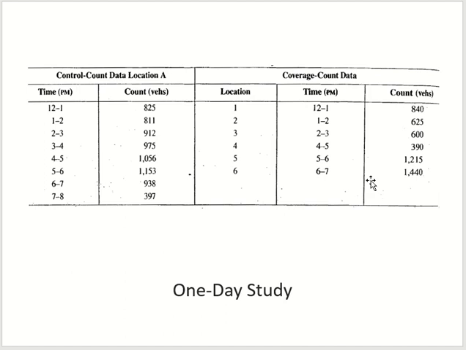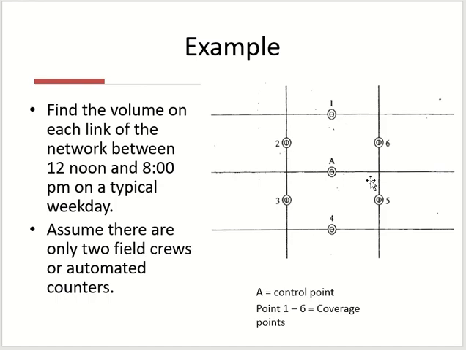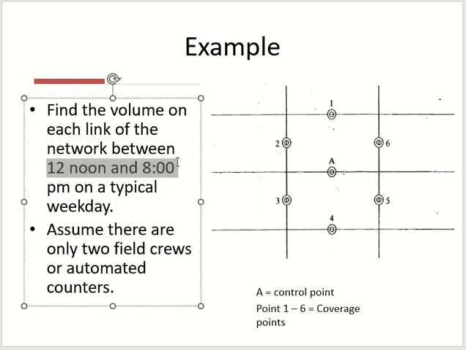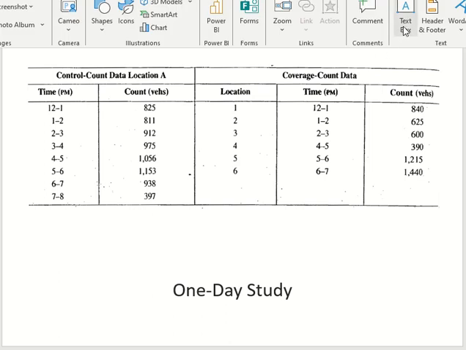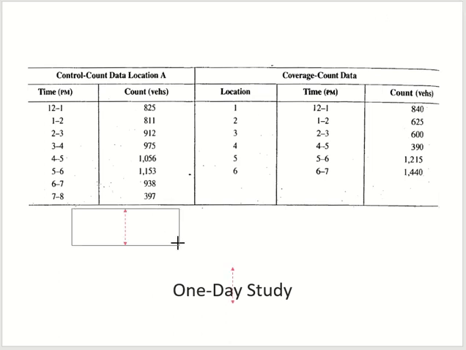Now remember what you are doing: find out the 8-hour count for all locations. For location A it's not a problem because I have the values of all the 8 hours. I will just add them together, and I will have the total 8-hour volume at A, which is 7067.